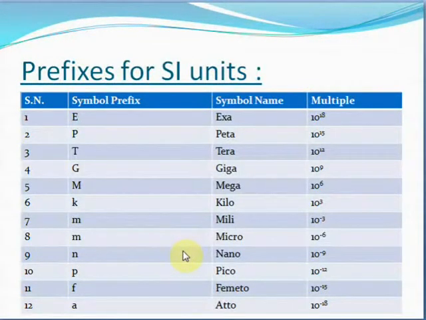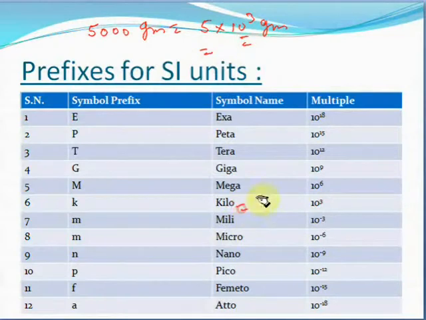Now we'll see what are the prefixes for SI units. So we have a table here. For example, you can write 5000 gram as 5 into 10 to the power 3 gram, and the prefix for 10 to the power 3 is kilo, so you can write it as 5 kilogram.